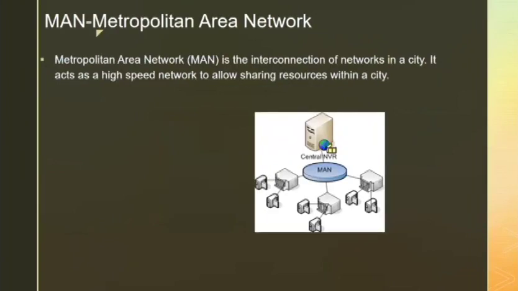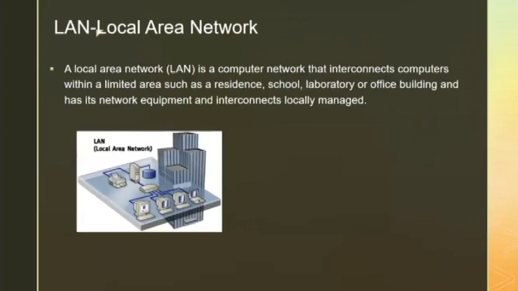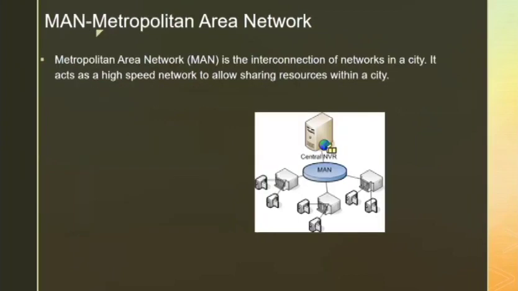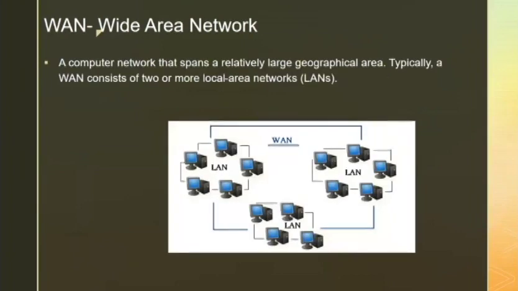A LAN is a small area, limited to one building, a MAN is limited to one city, and a WAN is a large network with a large geographical area. The internet we also call a WAN, because many LANs are connected with many MANs.